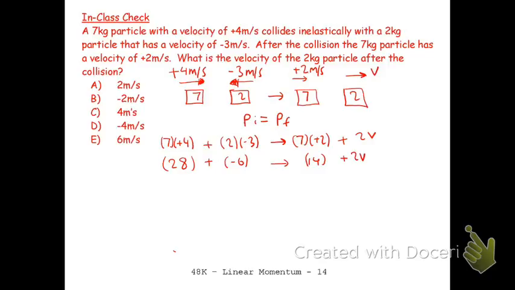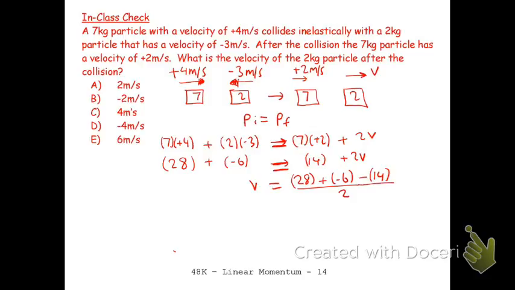So rearranging, I can put down equals. I'm showing the arrows, but mathematically it's equal. So V is equal to 28 minus 6 minus 14, divided by 2.